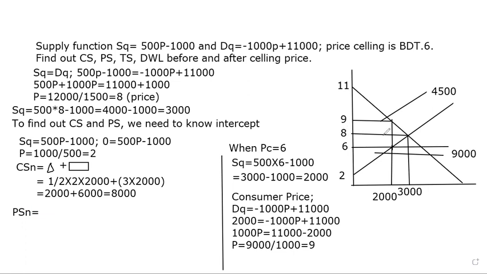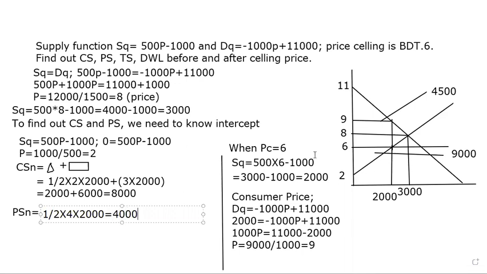You have a short difference here, so that will be here, not this area, because we are losing taka 8. That's why we put only the difference between 2 and 6, because this area will be your surplus, not this area. The area over this will be producer surplus. So 1/2 equal to 8 minus 6 equal to 4. So 4 will be a value, 4 equal to 2000. Right now, if we divide by 2, then we will get 4000.